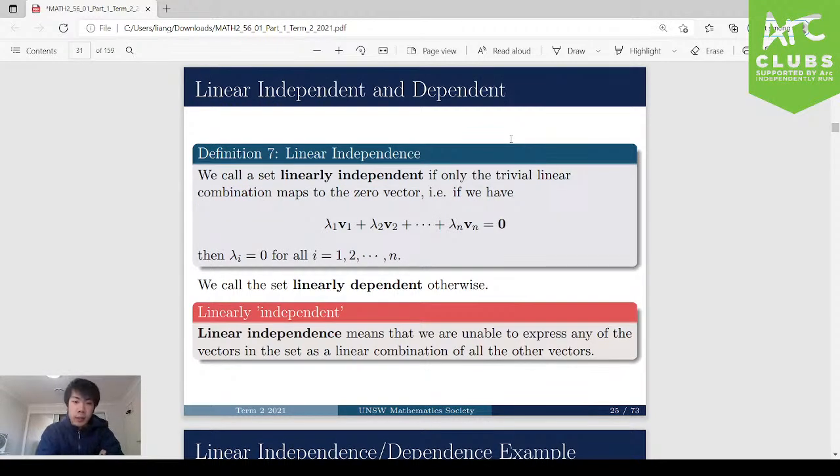The next idea that's closely related is linear independence and dependence. We say that a set is linearly independent if only the trivial linear combination matches a zero vector.